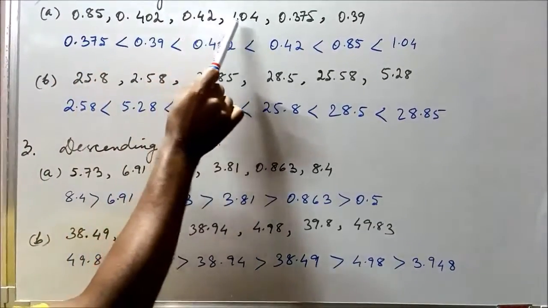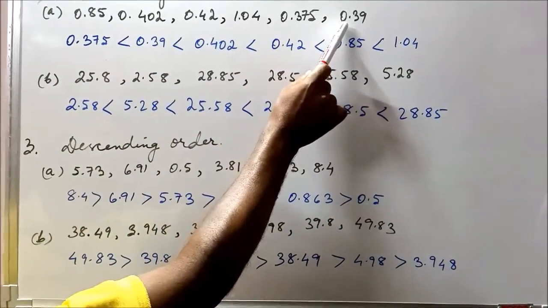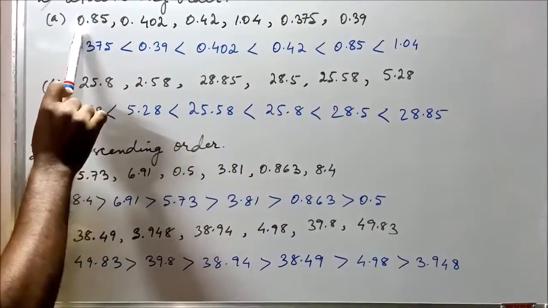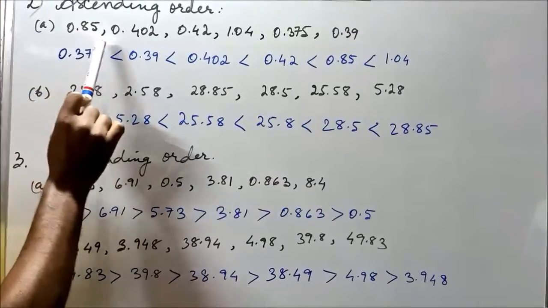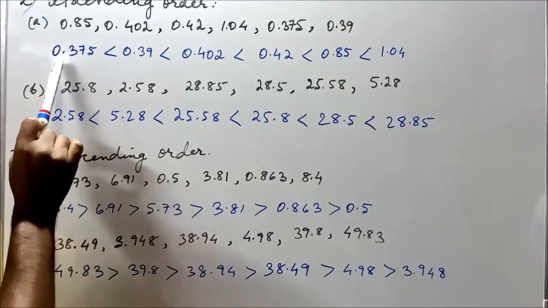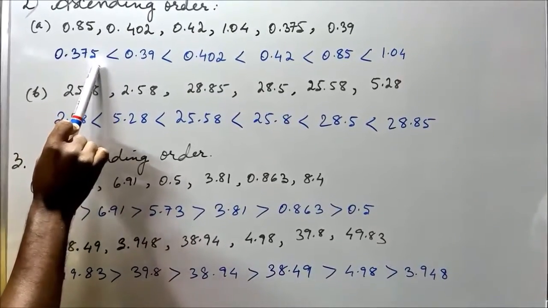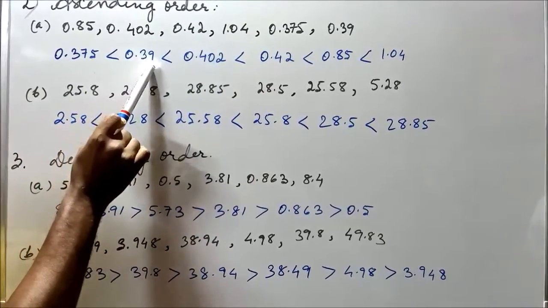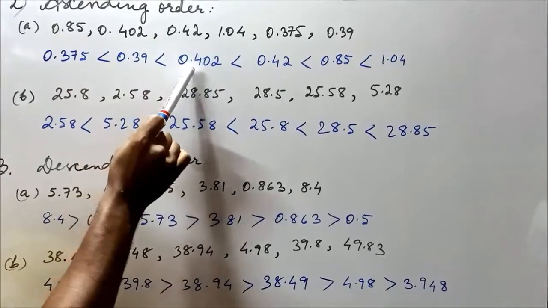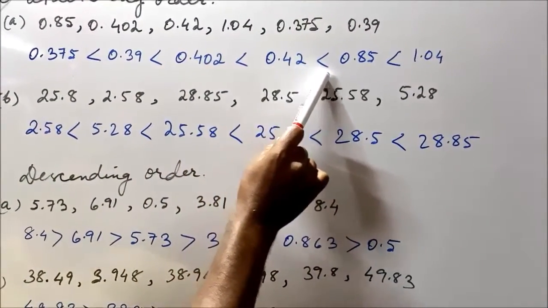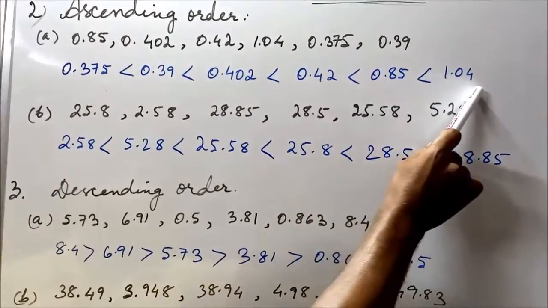The whole number part, these 1, 2, 3, 4, 5 decimal numbers are having 0. Out of these 5, which is the smallest? In the 10th place, we have 3 here. So 0.375 is smaller than 0.39, is smaller than 0.402, 0.42 is smaller than 0.85, is smaller than 1.04.